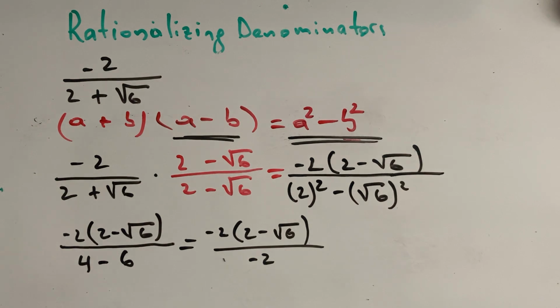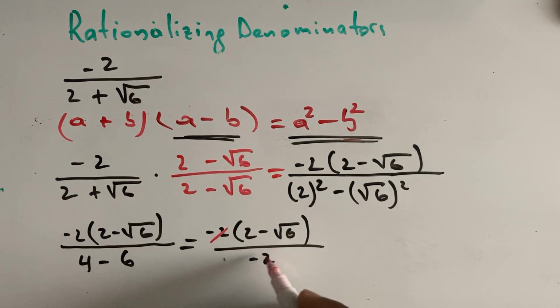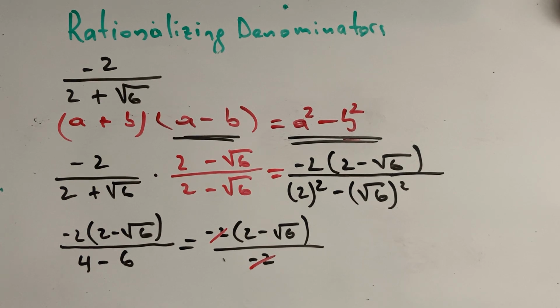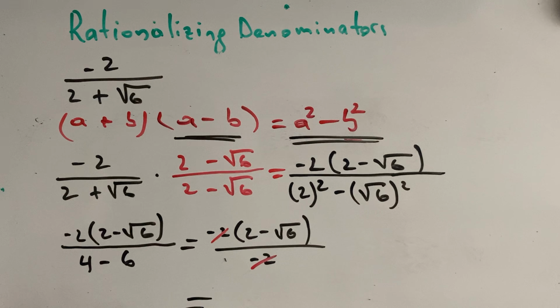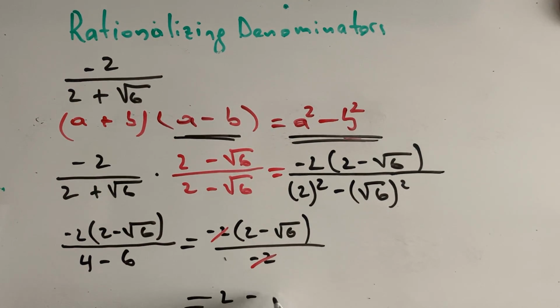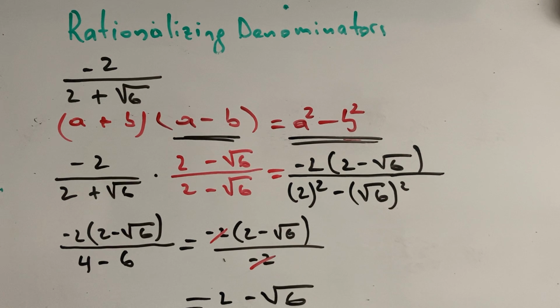So now, as you can see, the negative 2 you have up there is also down there. So 2 of the same factors, you can actually cancel them out. And the final answer will be just 2 minus square root of 6, okay?